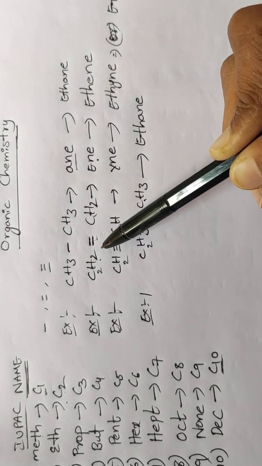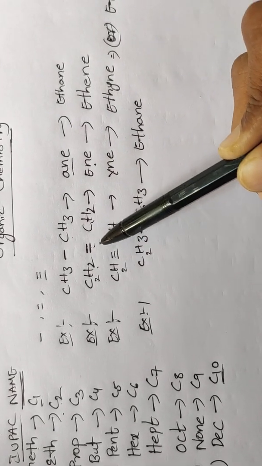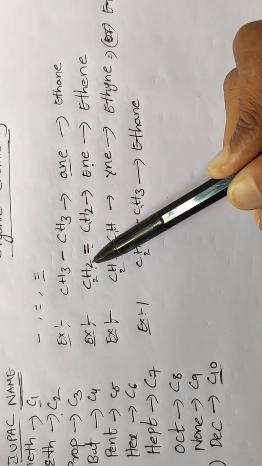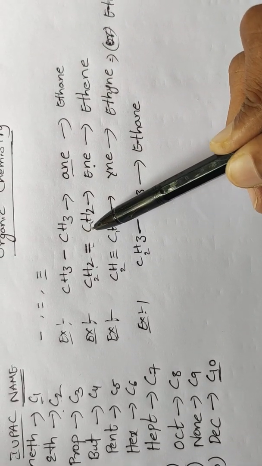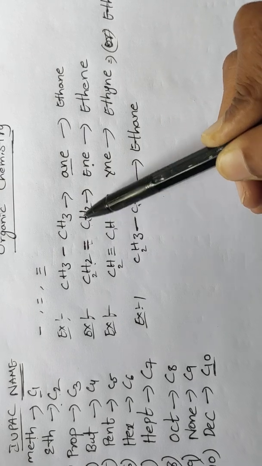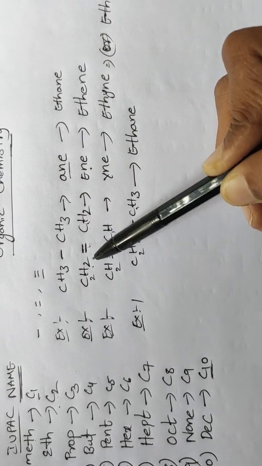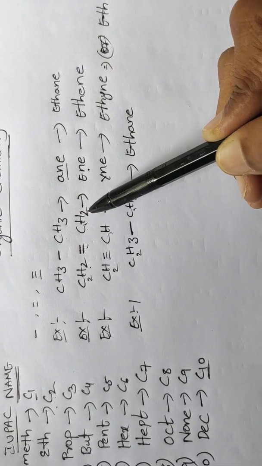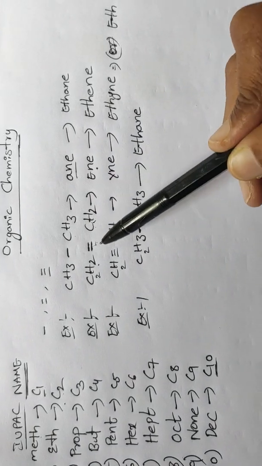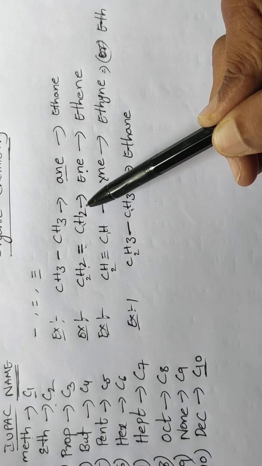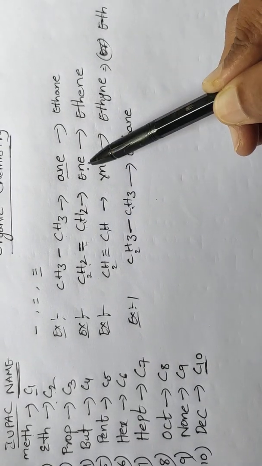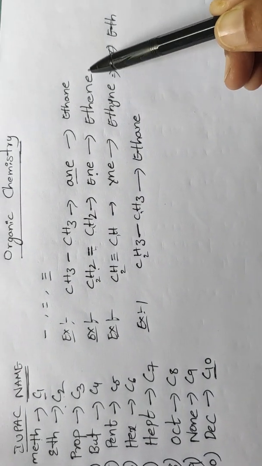Next, if you see the second example, as we followed before, 2 carbons, in between carbons a double bond, hydrogens having single bonds. 2 carbons means eth, and a double bond means ene, so ethene.